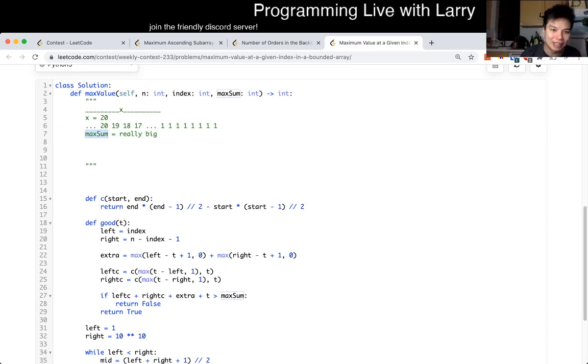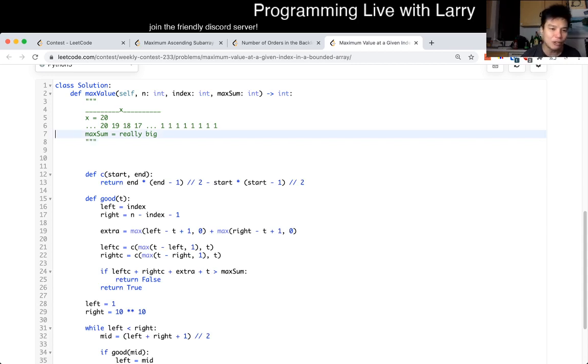You could even do 20, 21, 22, whatever, all the way to max sum. Some numbers so that it adds up. And you can always do this, because you can imagine this to be a bigger number and then another thing, and then it adds together, right? So that's the general idea.